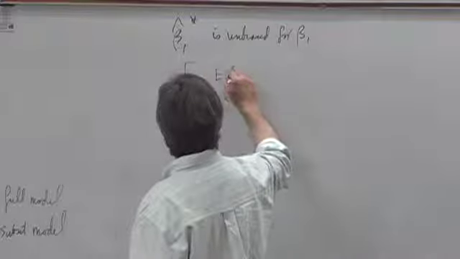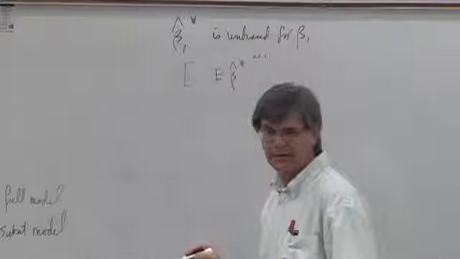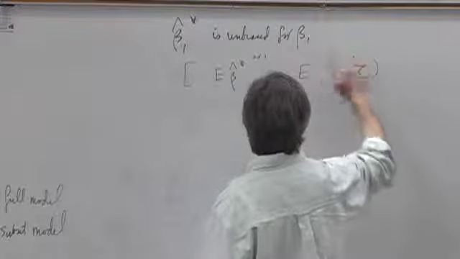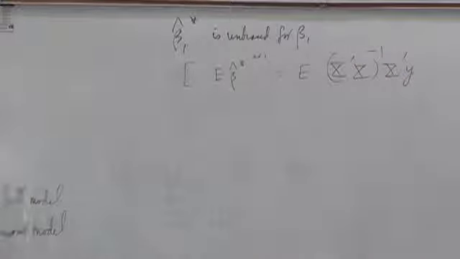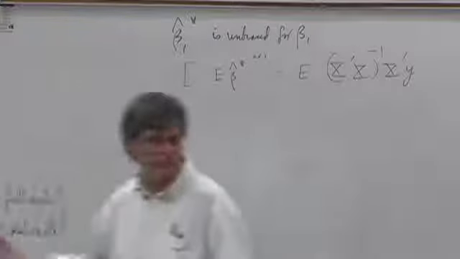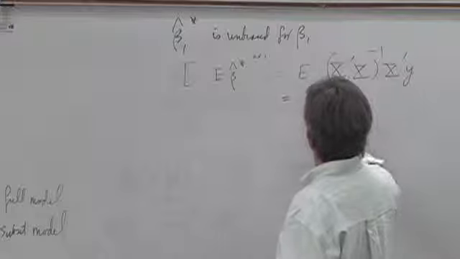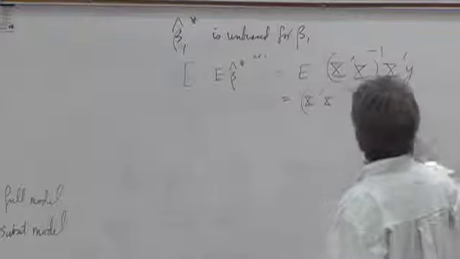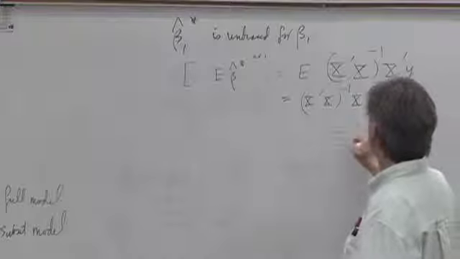E of beta hat star, the whole thing, that's a 2 by 1 vector, equals E of (X prime X) inverse X prime y, where X is the design matrix with just 2 columns in this coded form. X is just the xi1 and xi2 columns, there's no intercept. That was because expectation commutes with this constant design matrix. You get EY, but EY was X beta. That's the model. So then these things just cancel. You just get beta back.